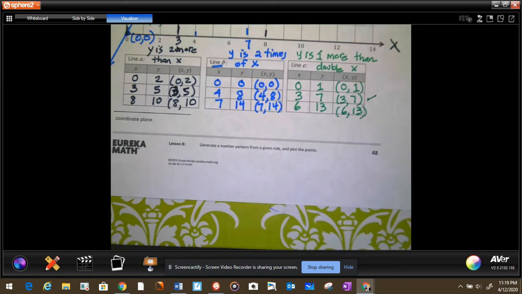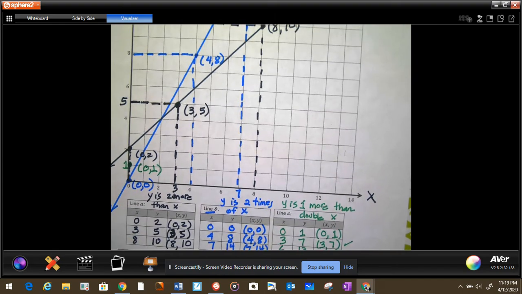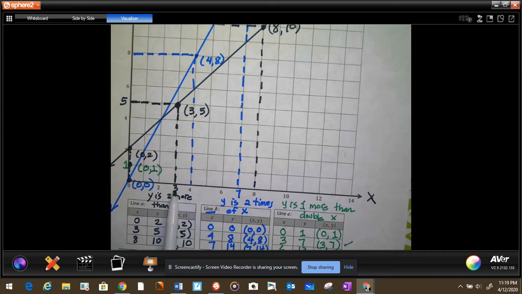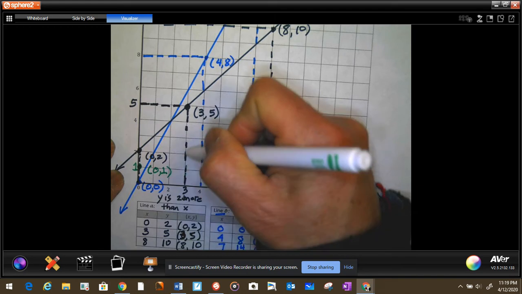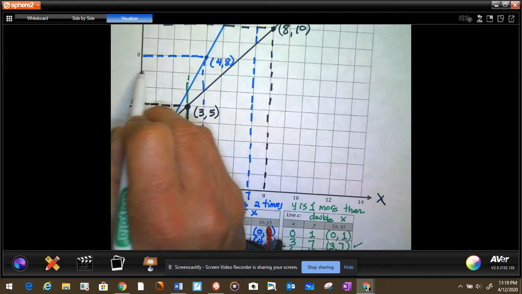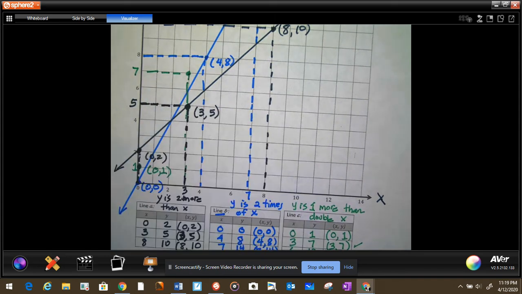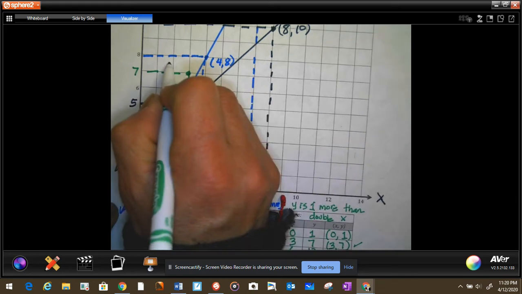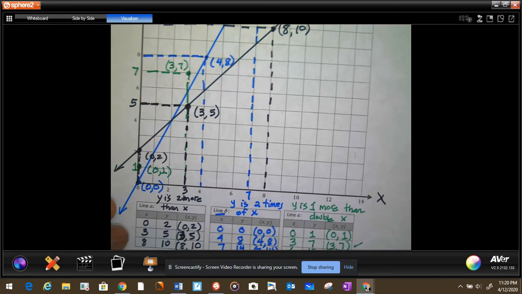Sorry for the movement of the camera. We're going to go to 3, run to 3, and jump to 7. 7 is right here between 8 and 6. So this is the point 3, 7, the coordinate pair.